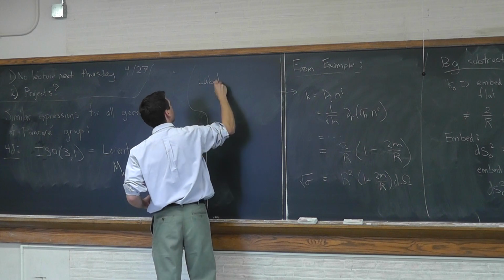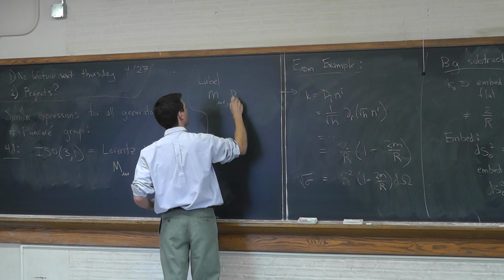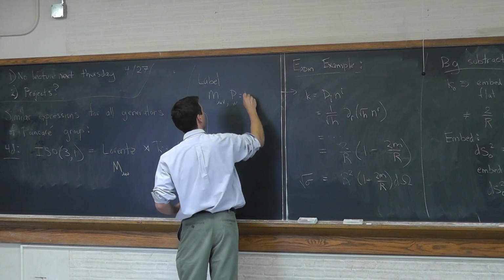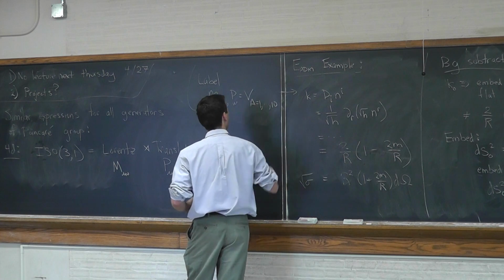If we label all the generators, so let's take the whole set of 10 of them and call those V_A, where A is 1 to 10.